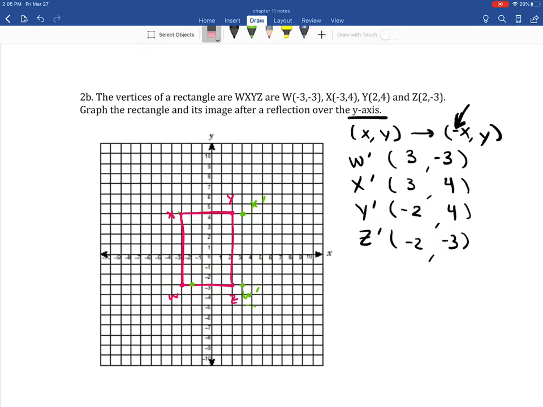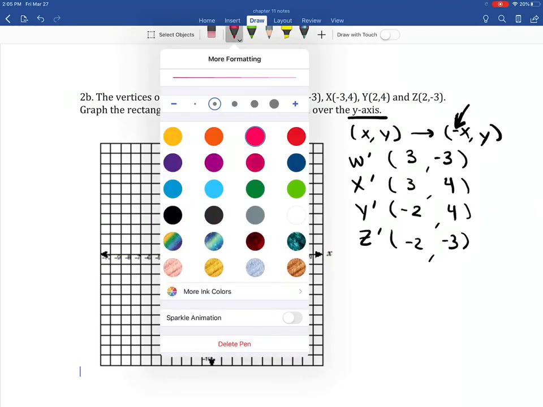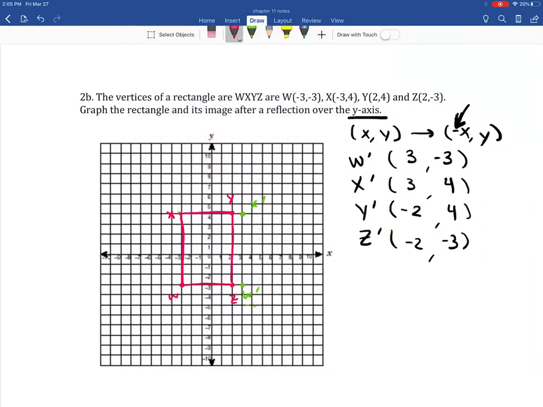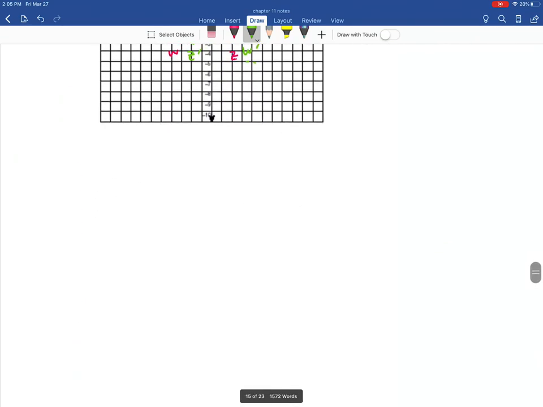Oops, my Y prime's in the wrong spot, that's why. Let's fix this. (-2, 4) is up here. There we go. And (-2, -3). And there we go. This one is reflected over the y-axis.